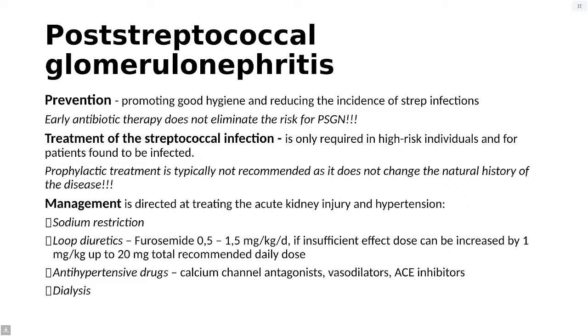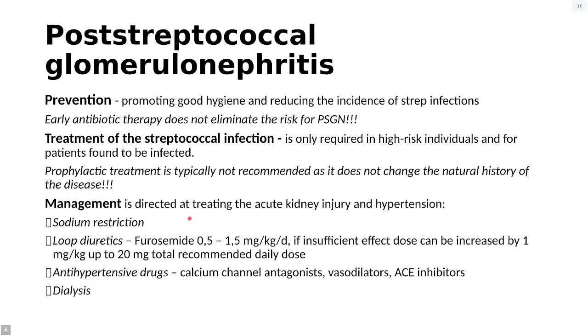Treatment of the streptococcal infections is only required in high-risk individuals and for patients found to be infected. Prophylactic treatment is typically not recommended as it does not change the natural history of the disease. You understand why? Because glomerulonephritis is an immunological disorder, not an infection.